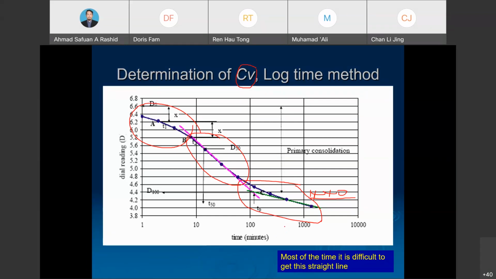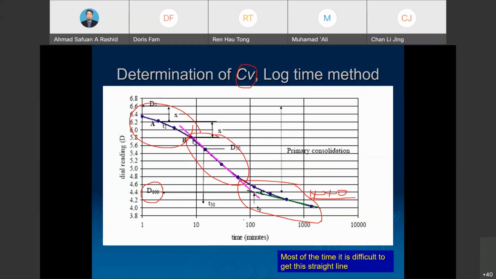So the first step is to determine the D100. This D100 represents where the process of consolidation for this value of stress is completed during the consolidation process.